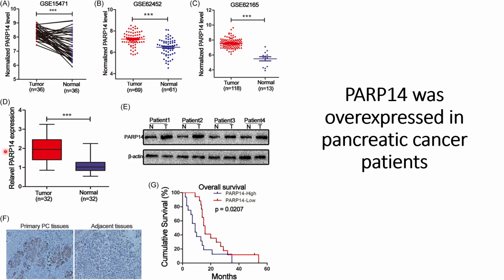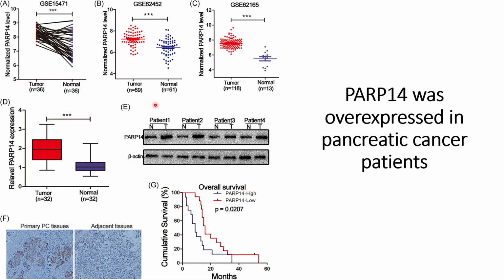Thereafter they checked the relative expression of PARP14 using qPCR, or quantitative PCR, and there also they found similar results, that tumor tissues have a high amount of PARP14 compared to the normal tissues. Once they saw these similar trends, they further validated the PARP14 expression using Western blot.